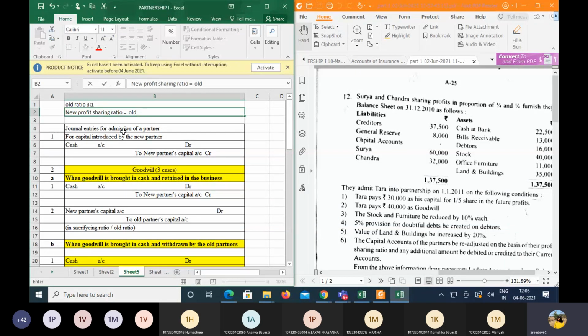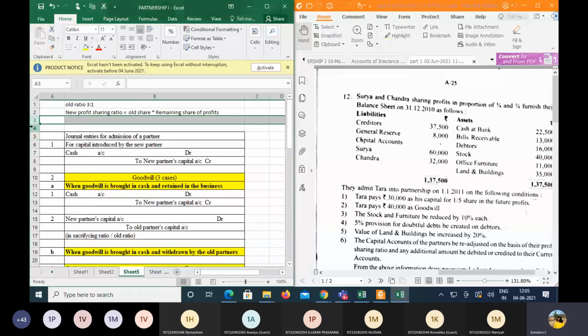Old share into remaining share of profits.